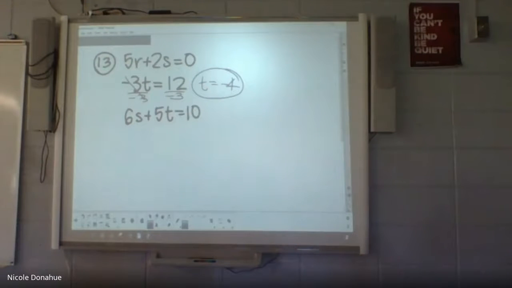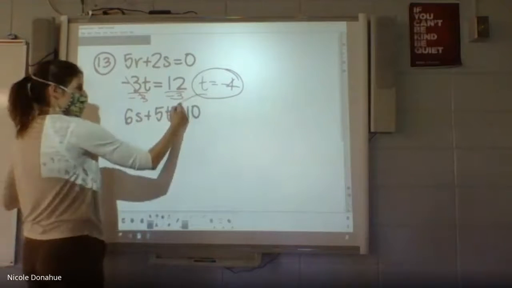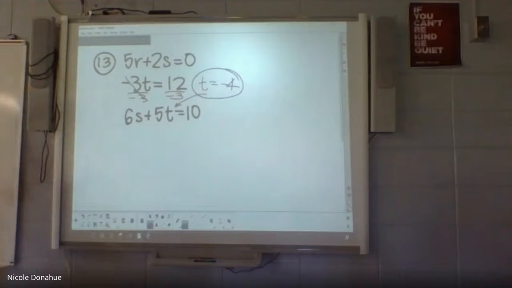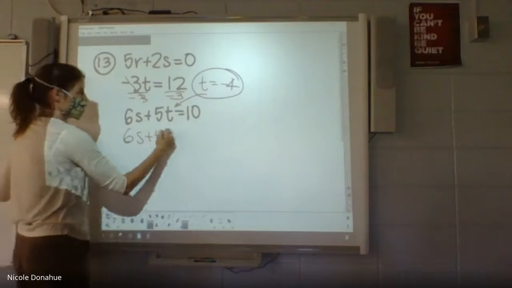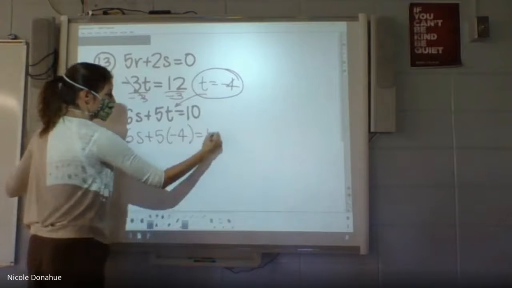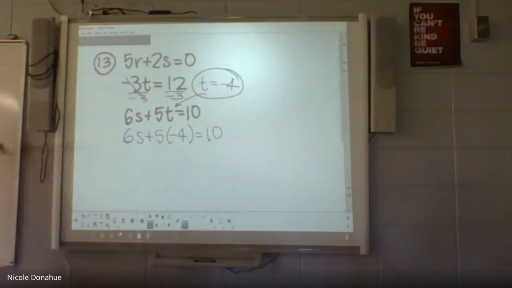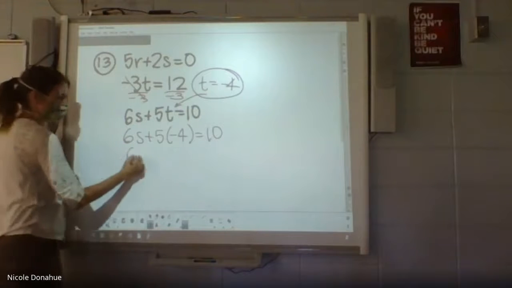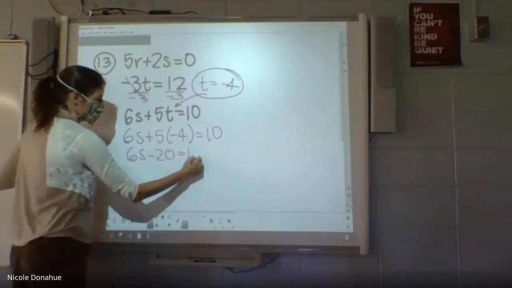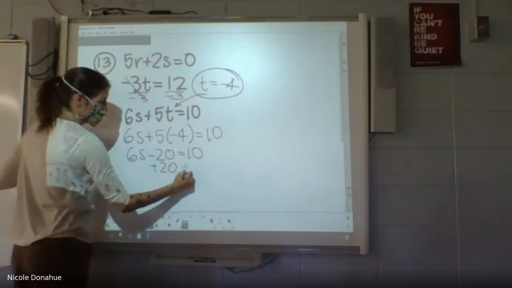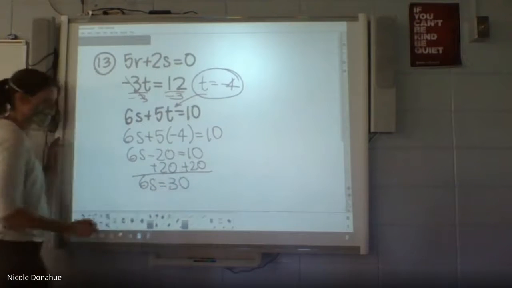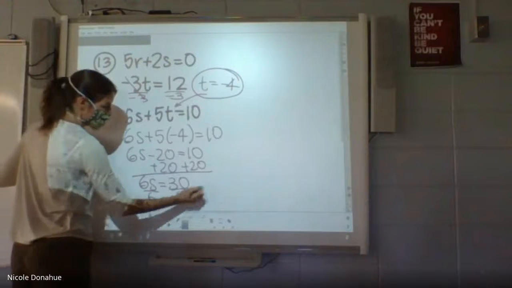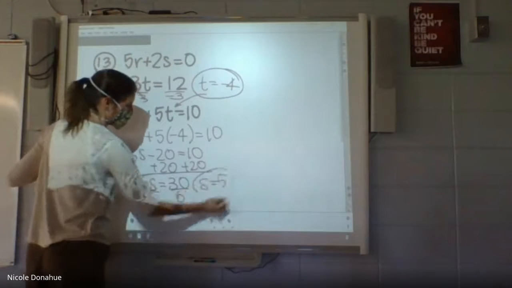Once I know t, then I can work my way backwards, because I see this equation has t in it. So then I can put that value in for t and find my s. I'm able to solve this new equation for s. So 6s equals 30, so s ends up being 5.